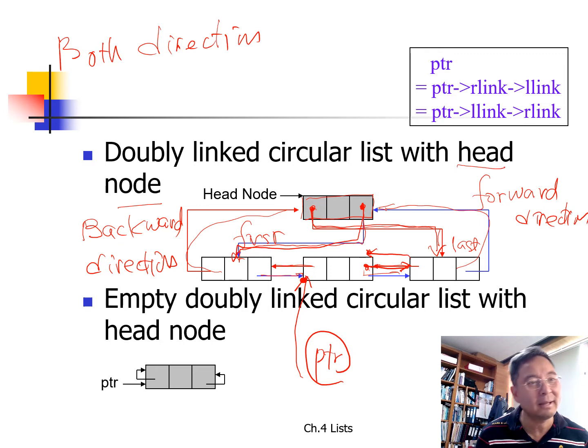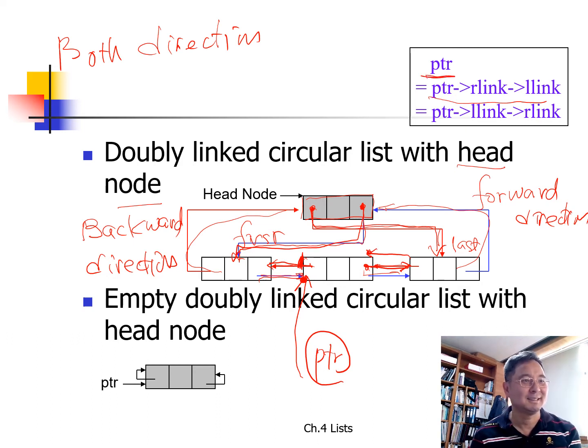Going forward and going backward will be the same position. And if we go back to the left and then go back to the right, it also remains at the same location, PTR. So going back and going forward, or going forward and going back, arrives at the same location PTR. We can use this characteristic.